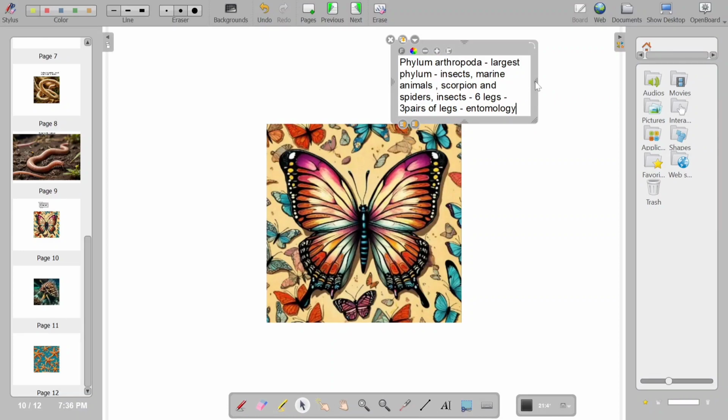In this category, the exoskeleton is made up of chitin. The legs are jointed in nature. These animals are unisexual and exhibit sexual dimorphism.